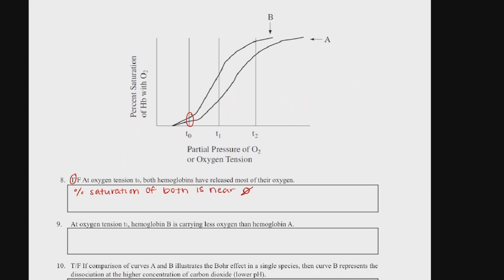Nine. At oxygen tension T1, hemoglobin B is carrying less oxygen than hemoglobin A. So we see that to be false.